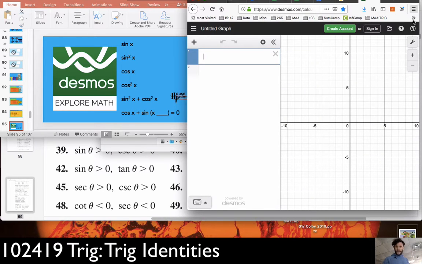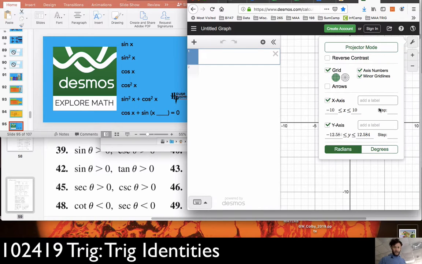So when you're in here, I'd like you to go into graph settings and click Radians.